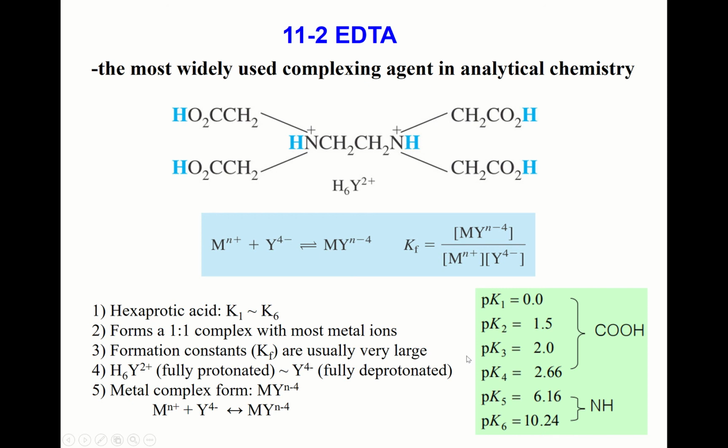The formation constant Kf is usually very large, much larger than you expected. EDTA has seven different forms depending on the solution pH, from the fully protonated hexaprotic form to the fully deprotonated form. The metal complex form is MY with charge n minus 4.